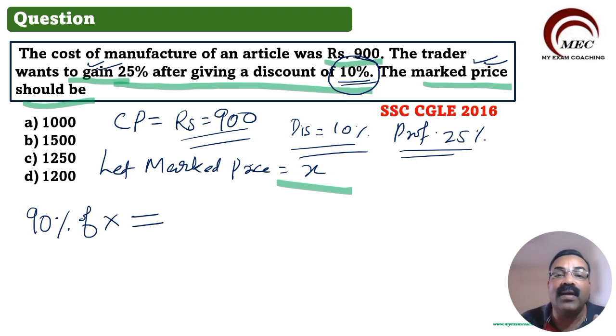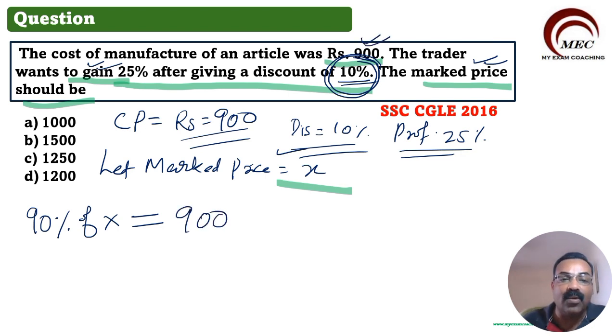You are giving a 10% discount. Why have I taken 90% here? Because when you give 10% discount, the balance will be 90%. Market price is X, so 90% of X will be equal to 900 rupees, which is what he paid.